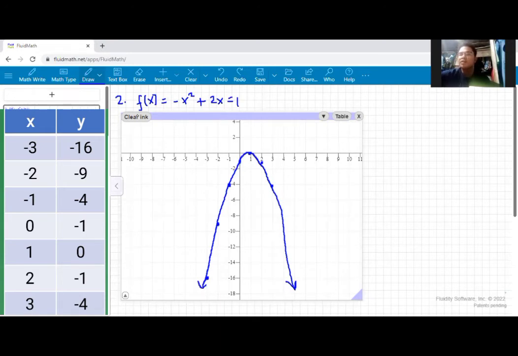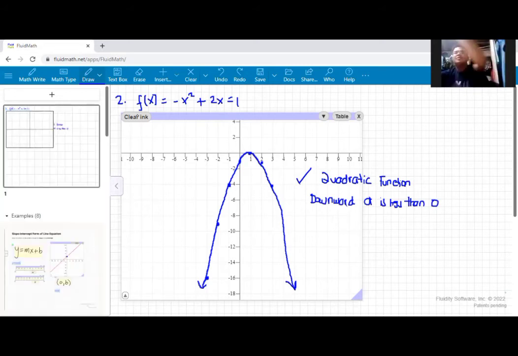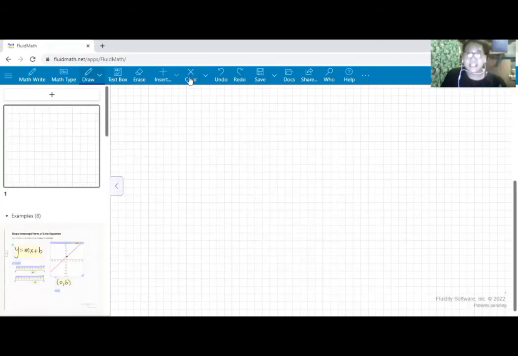So we can confirm that it is a quadratic function and it opens downward because a is less than 0. Downward, less than 0. Okay, that's it. Let's proceed now with our last example.